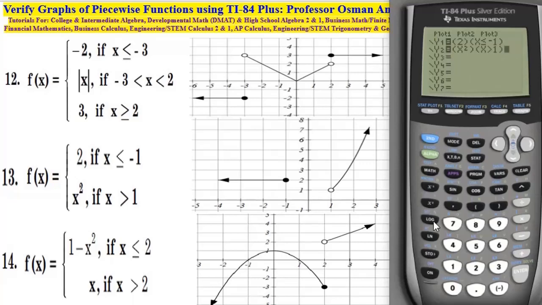Okay, we'll adjust the window from minus 5 to 3 for x value, and the y value from minus 1 to 8. Okay, and the graph.